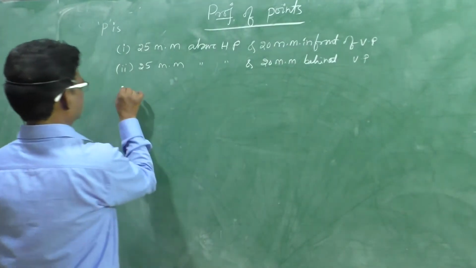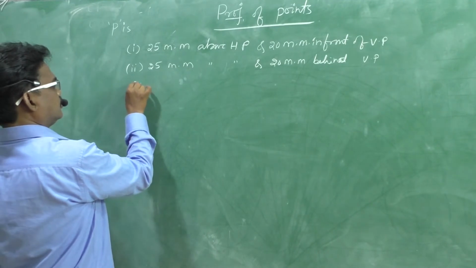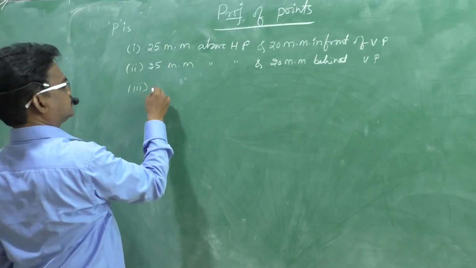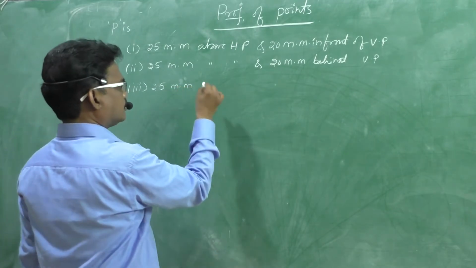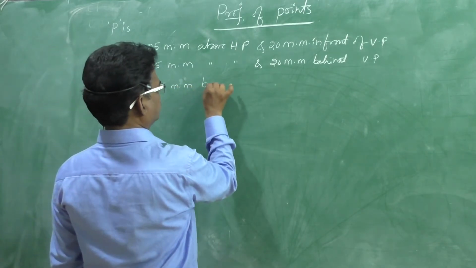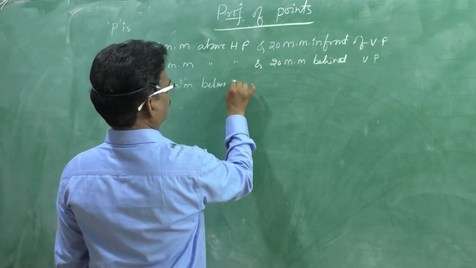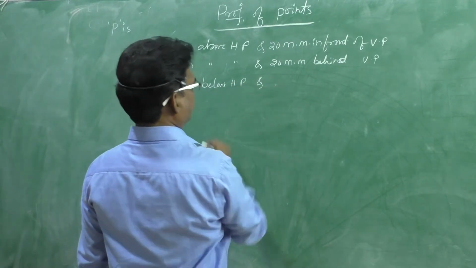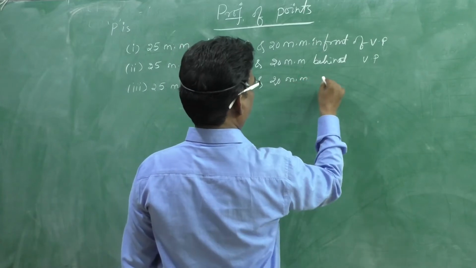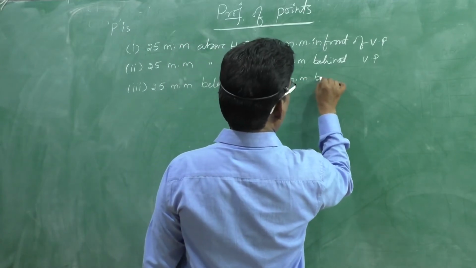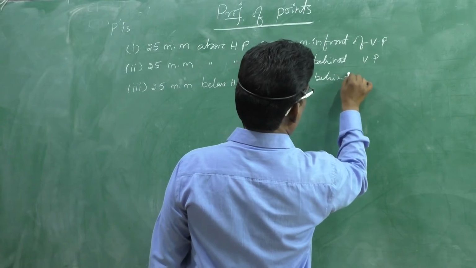The third case is point P is 25 mm below HP and 20 mm behind VP.